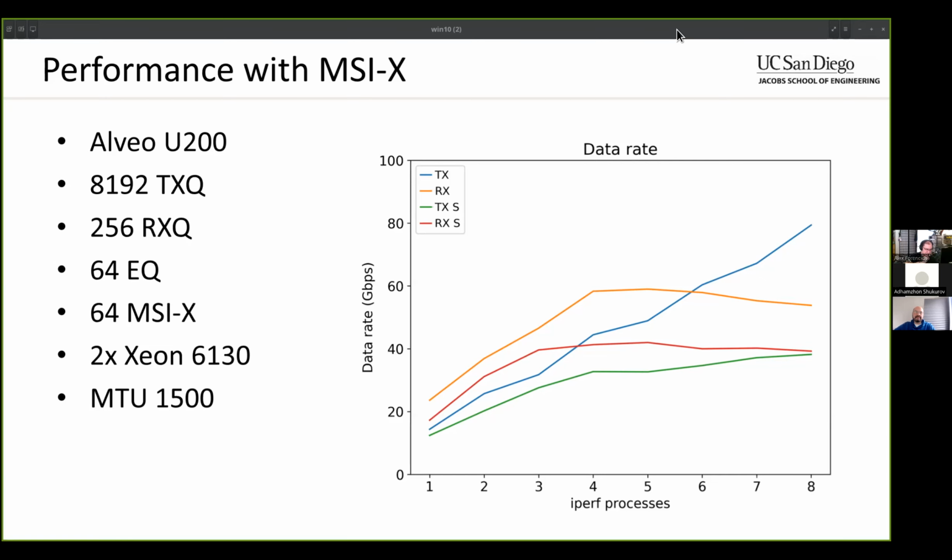The numbers that are collected here are pulled from the NIC counters. It's not what iPerf reports. The scripts are set up so that it runs iPerf for about 12 seconds. It waits a second after starting iPerf, dumps the counters, and then dumps the counters every second for 10 seconds. Then it takes the first point and the last point, subtracts those, and that's the amount of data that was sent or received.